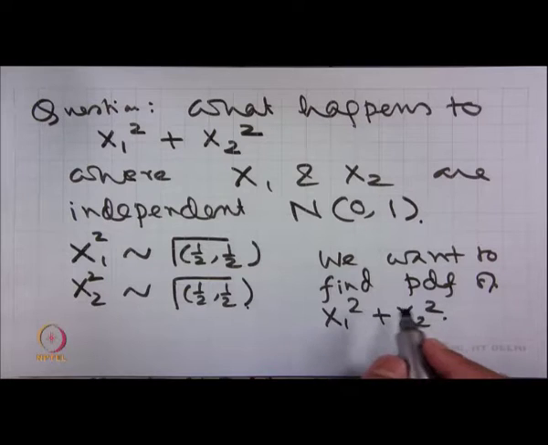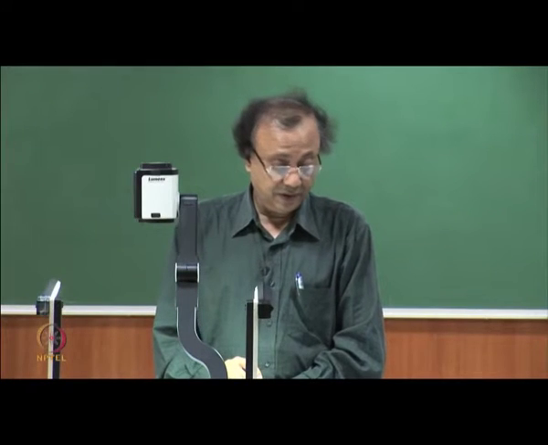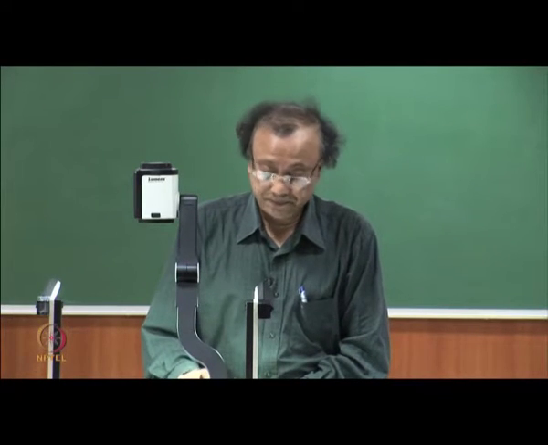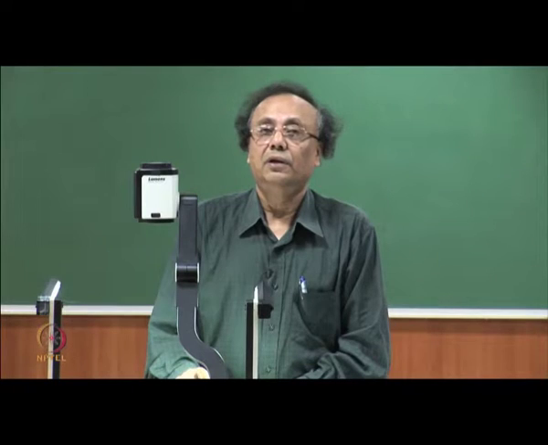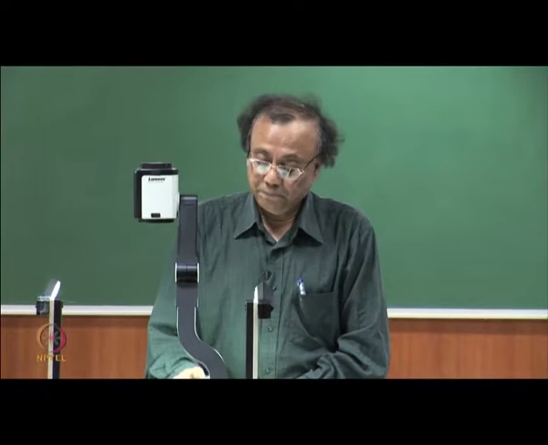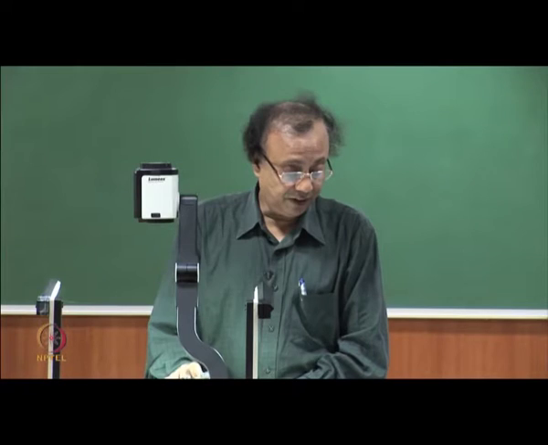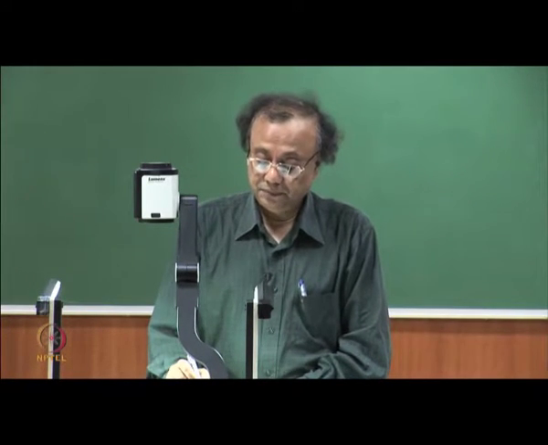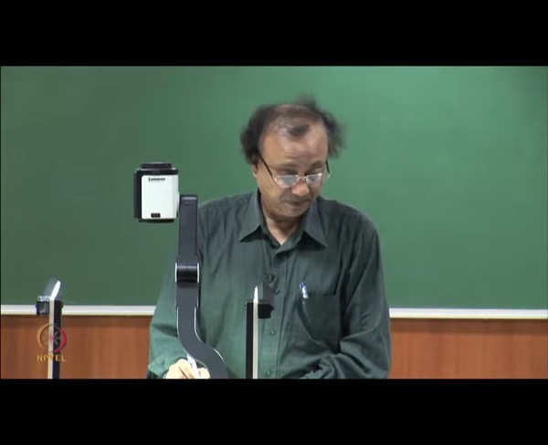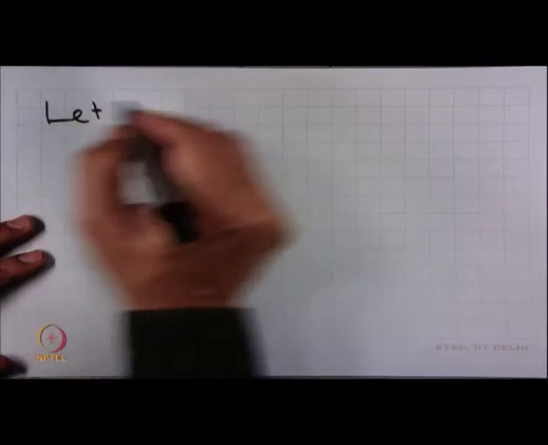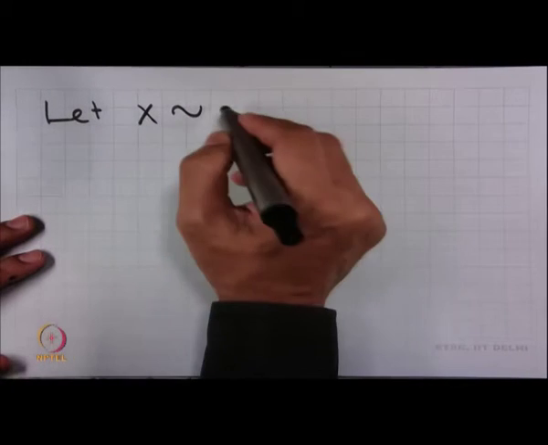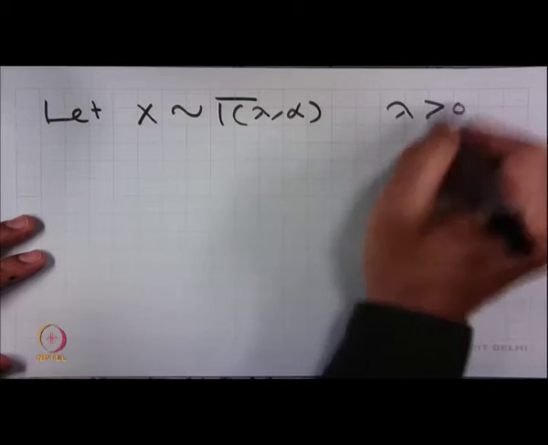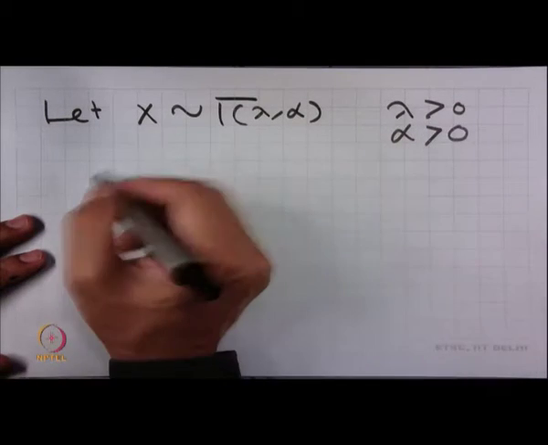This we can do in many ways. Let me first do it using moment generating function. In fact, I prove something more general than just half half. In fact, I prove it for general gamma distribution. Let X be a gamma(lambda, alpha), lambda greater than 0, alpha greater than 0.